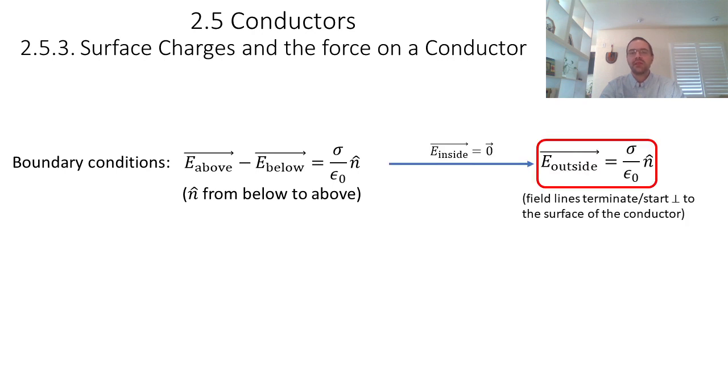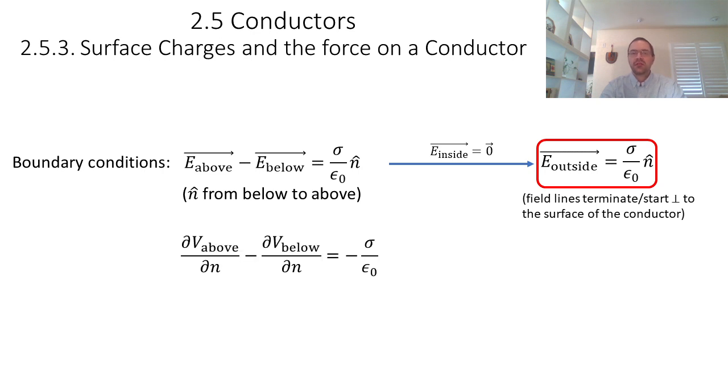So since the E field inside the conductor is 0, then the field outside is simply sigma over epsilon naught n hat. Again, you see that the field outside is in a direction perpendicular to the surface of the conductor. And as we said before, that means the field lines terminate or start perpendicular to the surface of the conductor. So if you know E outside, then you can calculate sigma.